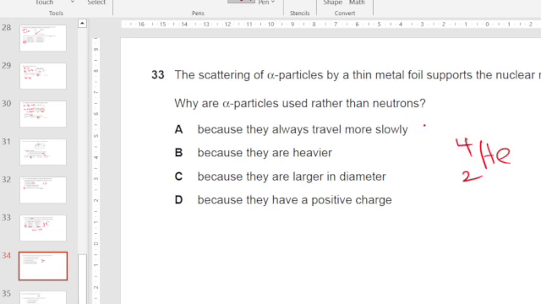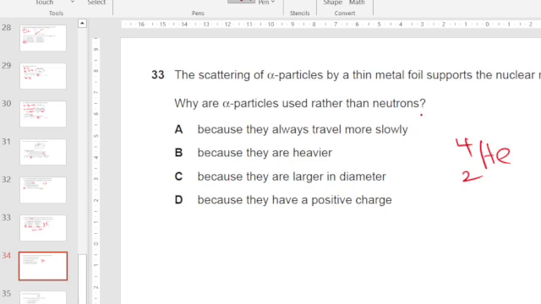Neutrons are neutrally charged. So we need a particle which is positively charged. Then only we can study whether the particle is being attracted towards the charge or away from the charge. So we need a particle which is charged, but neutrons have zero charge.